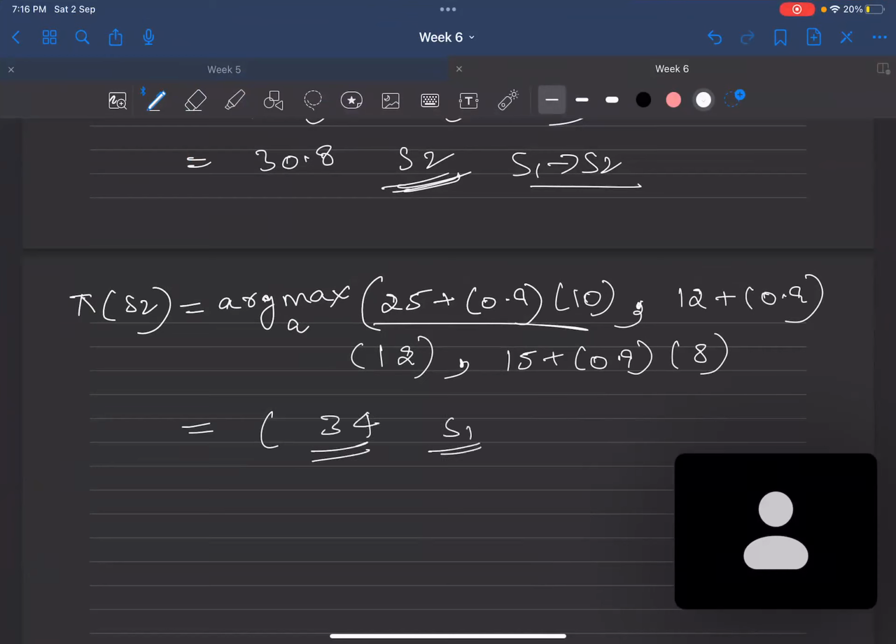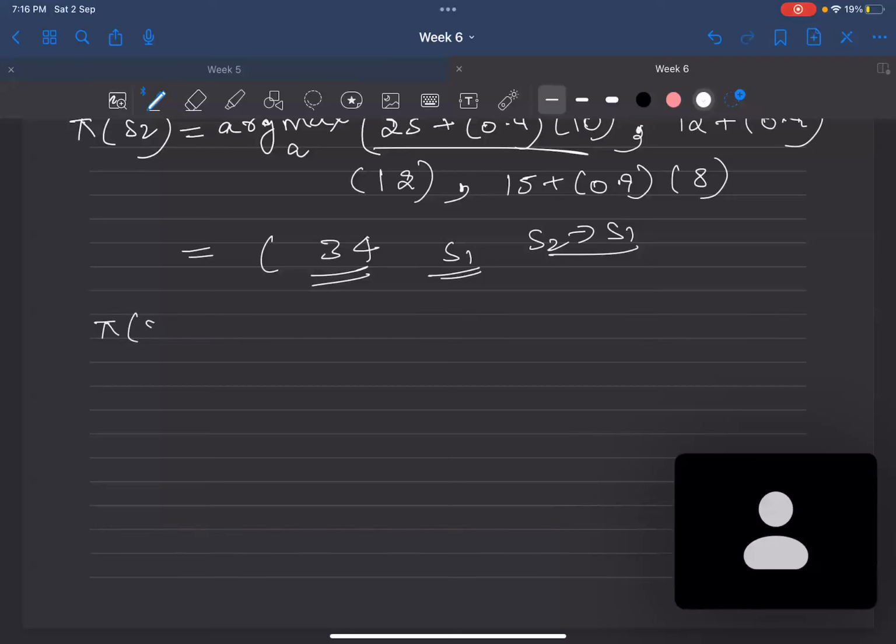So it is S2 to S1. Is it correct? Yes. Now coming to pi of S3. S3 to S1, the reward is 22, plus 0.9 times V of S1, which is 10.